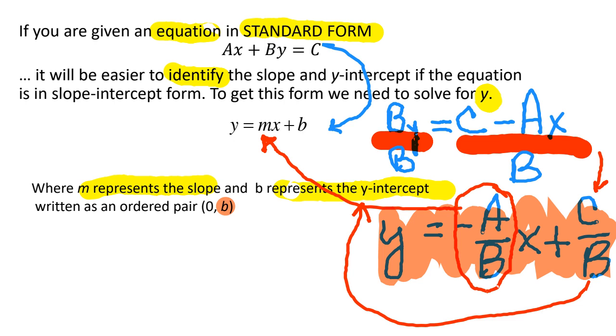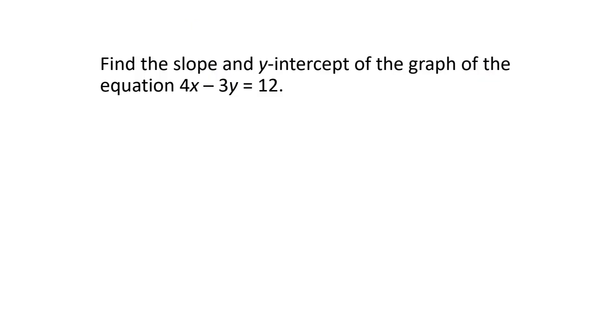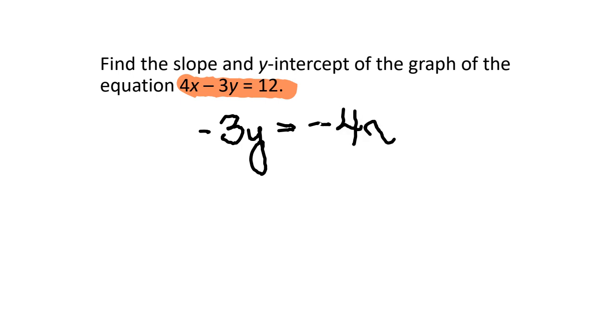And let's show you what I mean. This is an equation that is in standard form, right here. 4x minus 3y is equal to 12. Now, if we solve for y, this is going to give us a negative 3y is equal to a negative 4x plus 12.